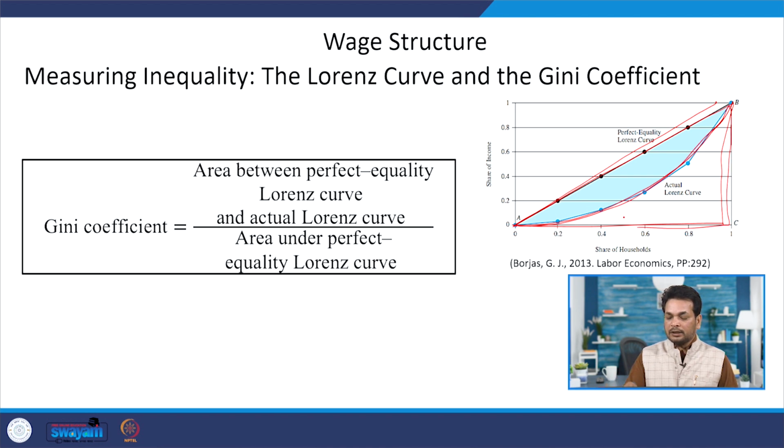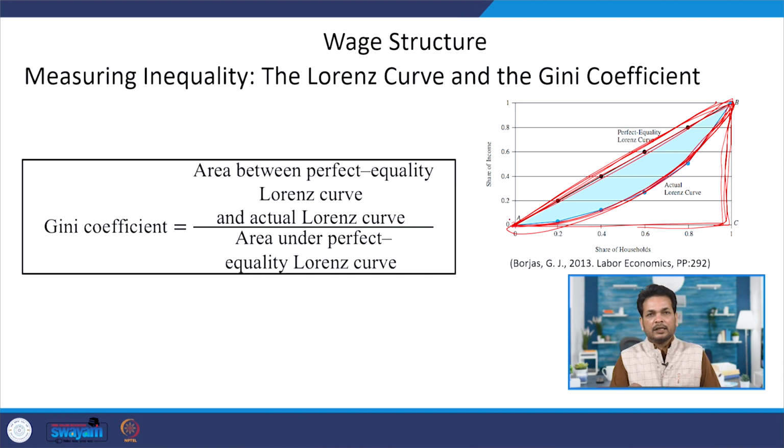So, if you take away the area under the actual Lorenz curve from the perfect equality area, then you are left with this shaded area. This shaded area divided by the area under perfect equality, meaning this ABC triangle, will give you a coefficient which is called the Gini coefficient.